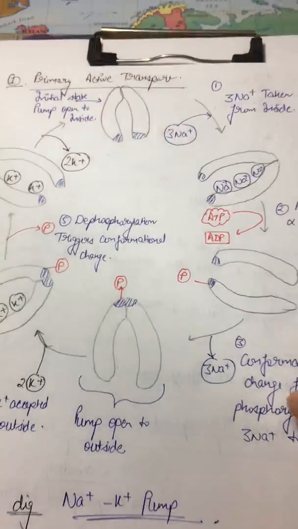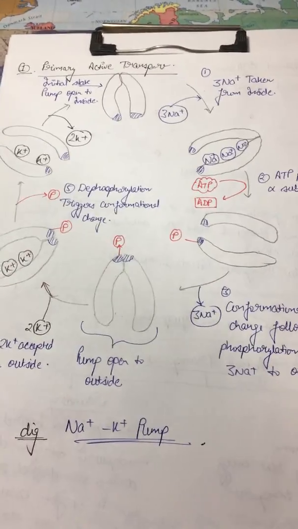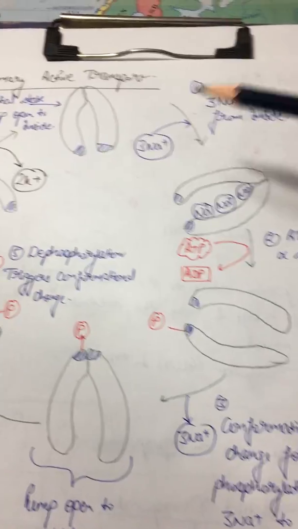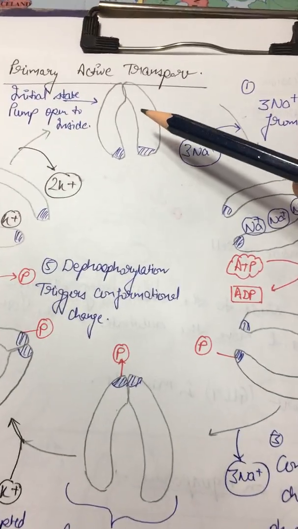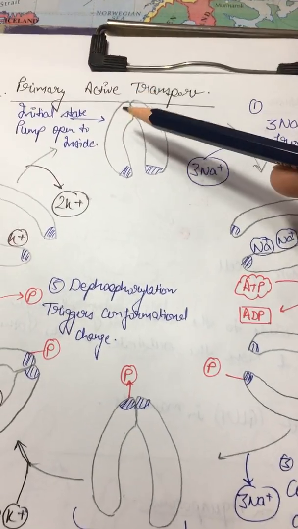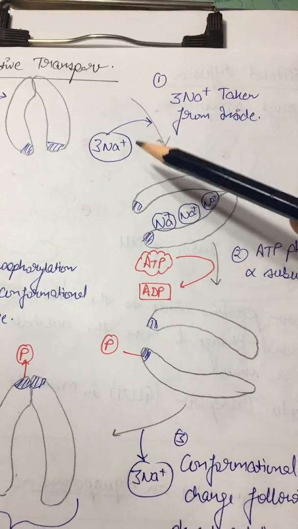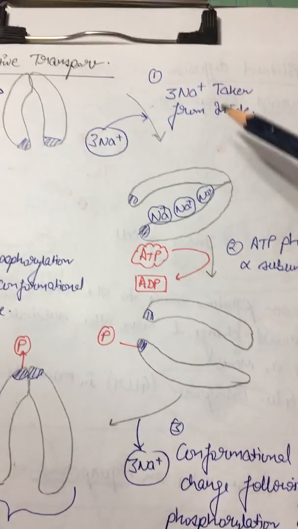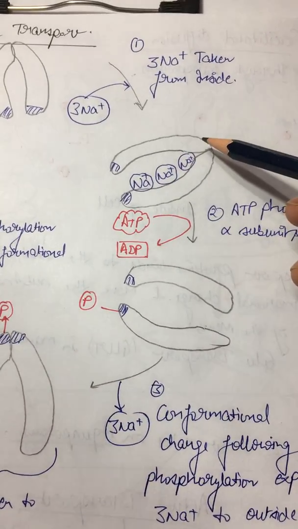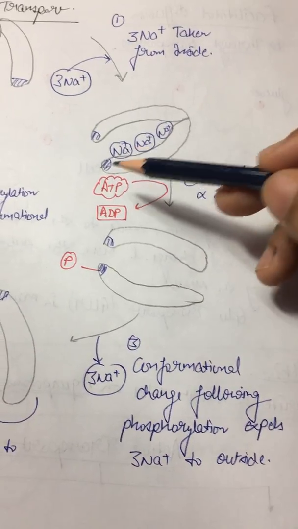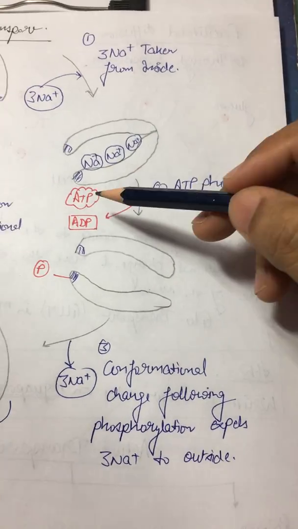This is a diagram which depicts the primary active transport. This is a transport protein. In the initial stage, it is closed from outside and open from inside. 3 sodium ions from inside bind to the transport protein. It will cause ATP phosphorylation.